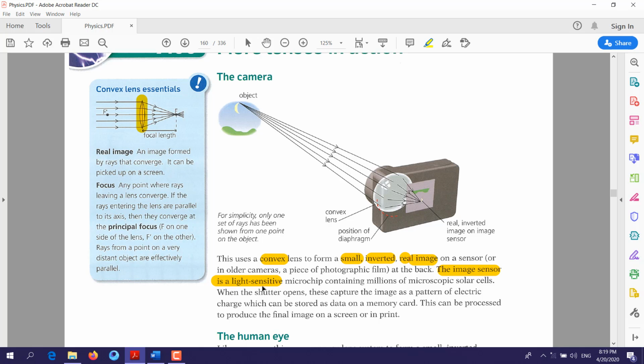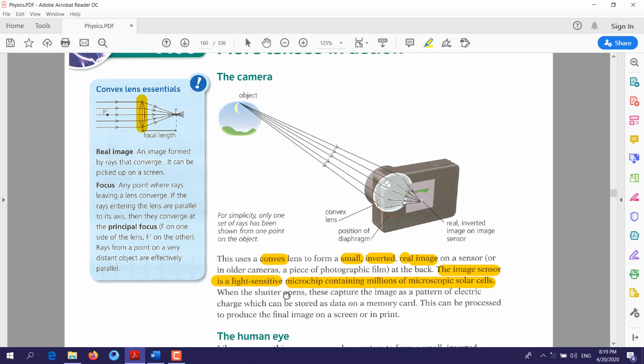The image sensor is a light sensitive microchip containing millions of microscopic solar cells. Light passes through and is received by this light sensor. Then the light sensor converts it into electric charge, which you can convert into an image.